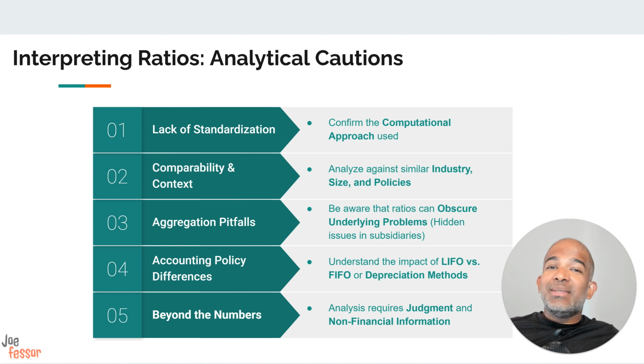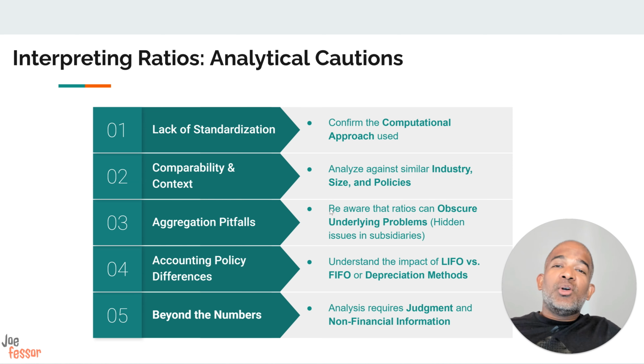You must always determine the exact computational approach used before relying on a ratio provided by another source. Second, comparisons are tricky. Ratios are only meaningful when comparing firms that are comparable in terms of their industry, size, operations, and accounting policies. An optimal ratio for one business may be inappropriate for another.